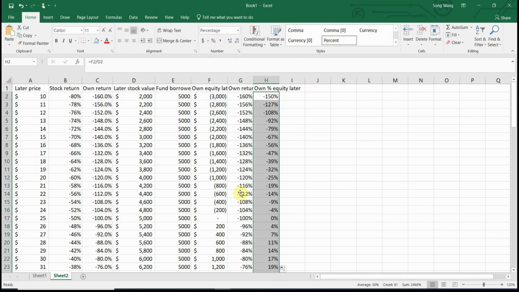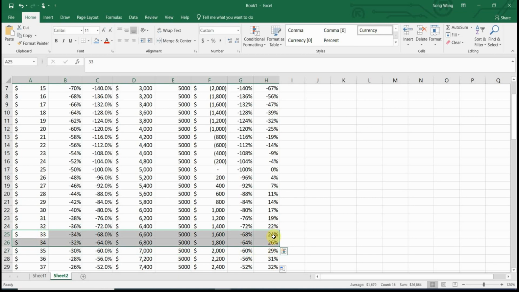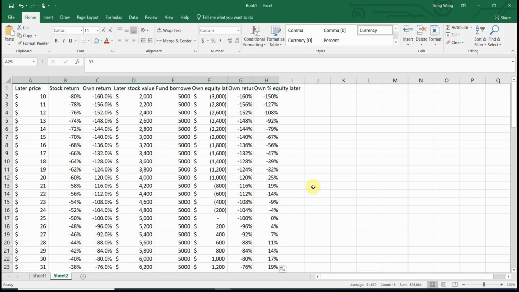And 0% is when you have no equity in that. And 25% is somewhere here between 33 and 34 for the stock. So you will reach a margin of 25%, and the price would be exactly 33.33.